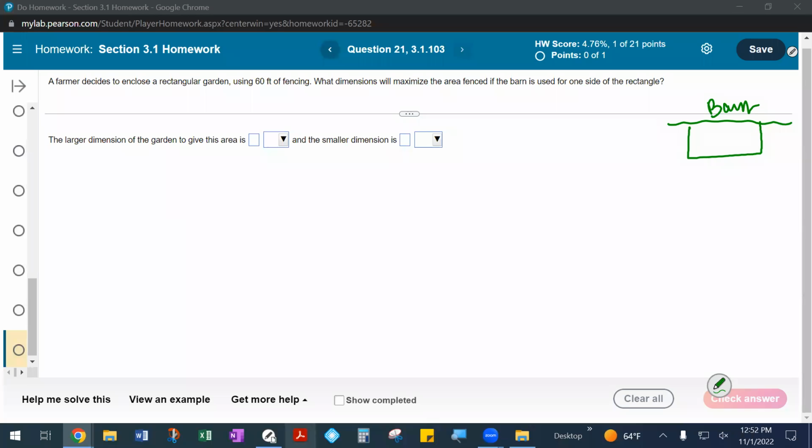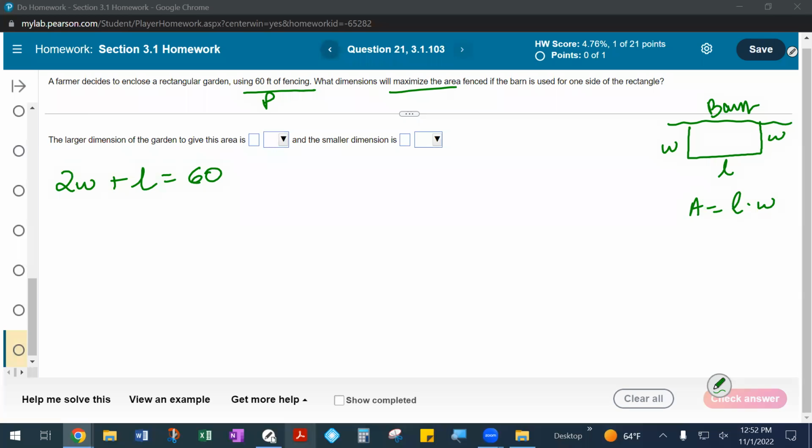So this can be width, length. So 2 times the width plus the length will equal 60, and that basically is your perimeter, right? Now the question is about maximizing the area. So remember, area is length times width, but we want to convert it into one single variable instead of multiple.